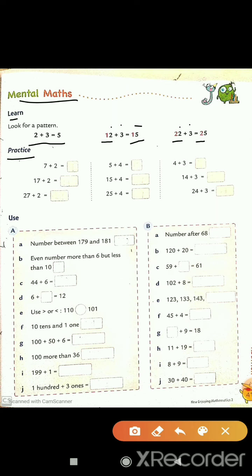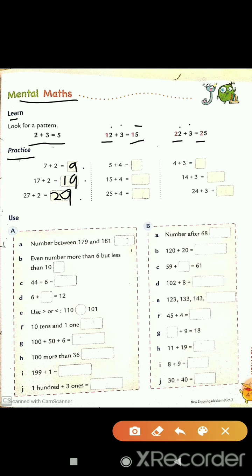Here, practice. 7 plus 2 is equal to 9. So, if 10 is added, that is 17 plus 2, the answer will be 19. And 27 plus 2, the answer will be 29. Got it, students? Can you see the pattern? 9, 19, 29.